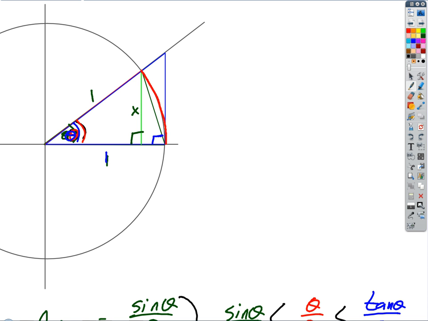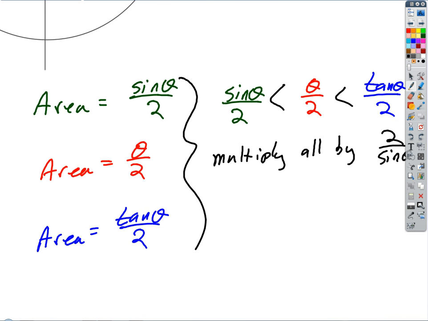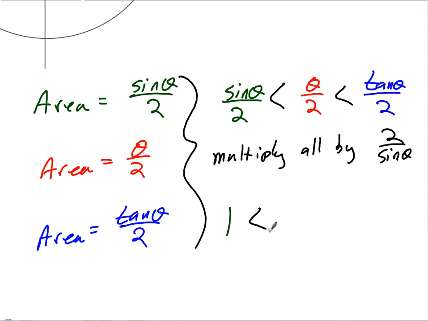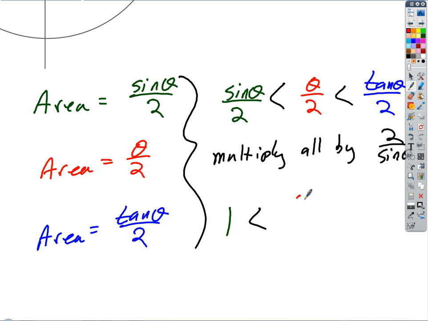So if I multiply all these by 2 over sine theta, what does this one become? 1, okay? What does this one become? Sine theta over sine theta, right? If I multiply by 2 over sine theta.